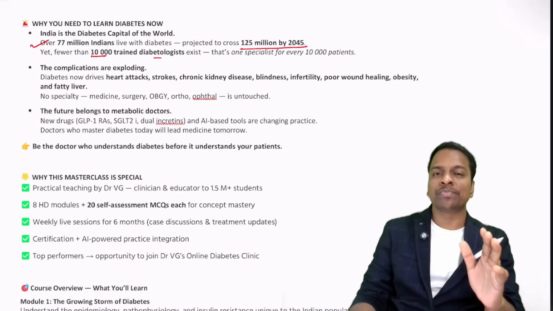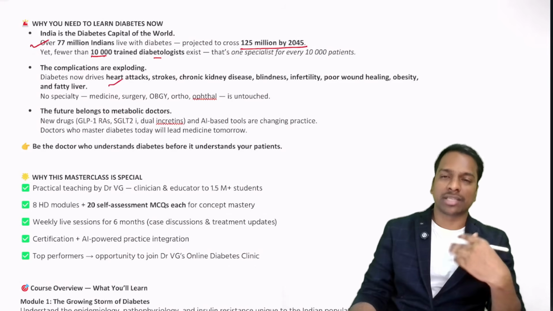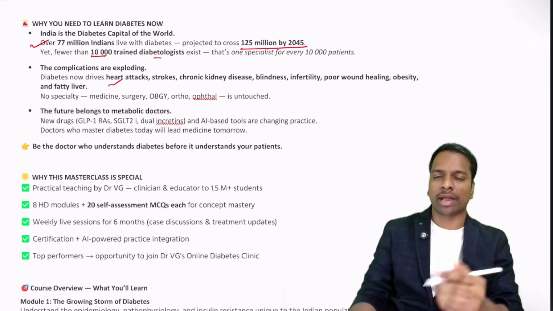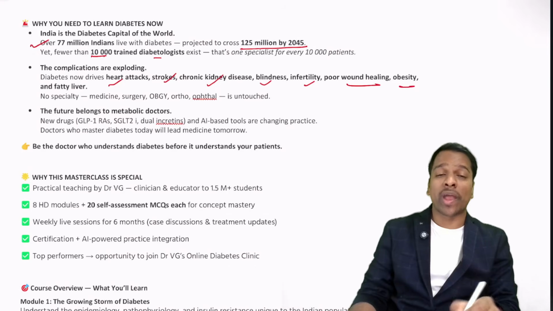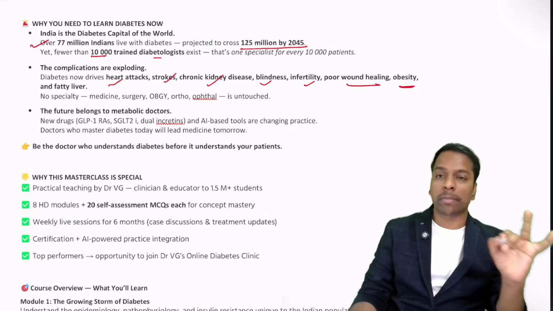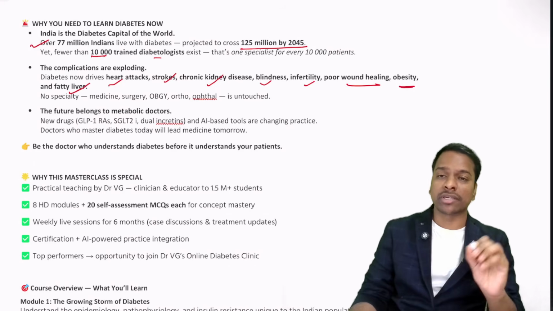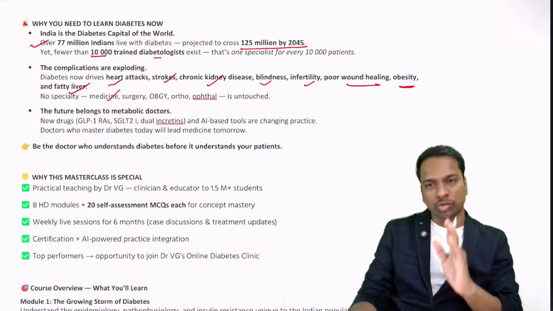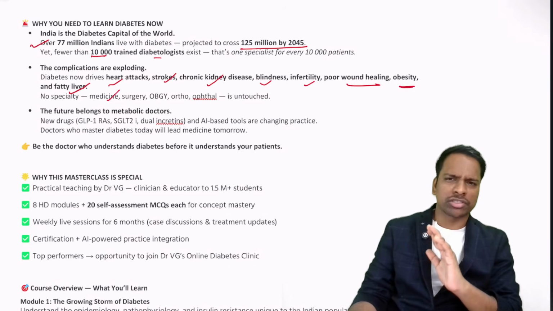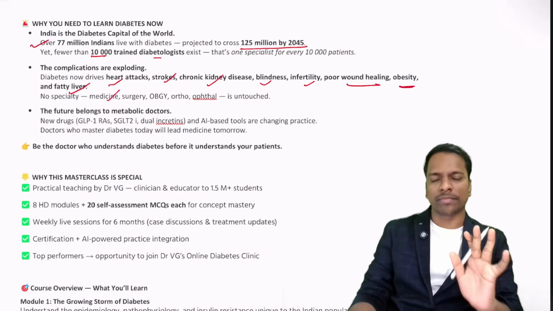Literally, right from a significantly increased risk of heart attack, strokes, chronic kidney disease, blindness, infertility, and wound healing in surgery, to obesity, a very important upcoming pandemic, and fatty liver. Considering all this, whether you're in medicine, a GP, a super specialist, endocrinologist, cardiologist, nephrologist, neurologist, anyone, you must know diabetes.